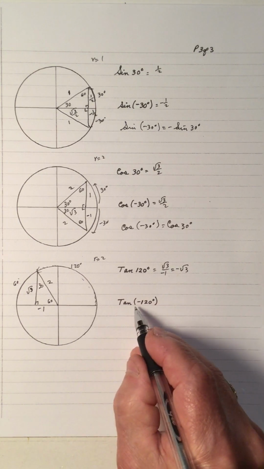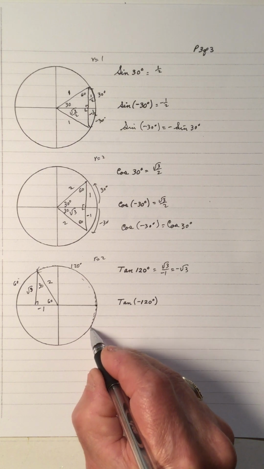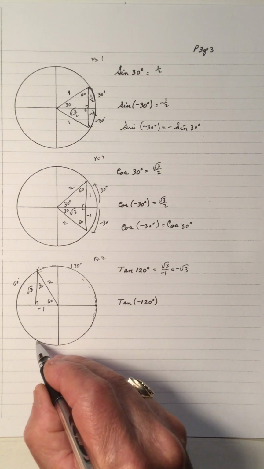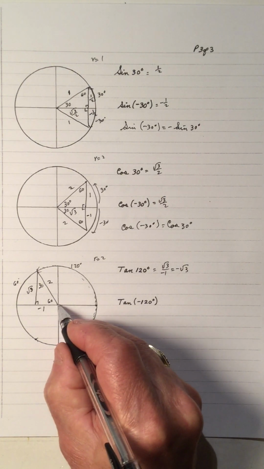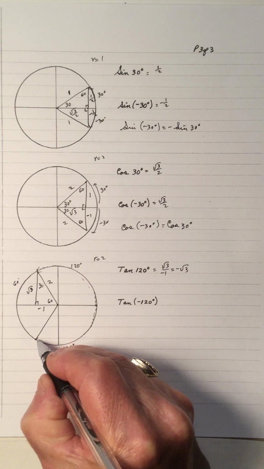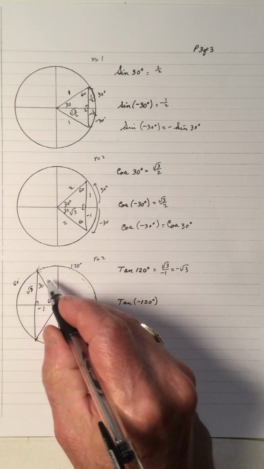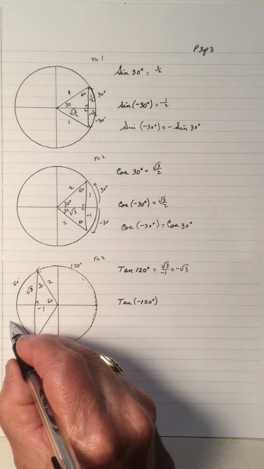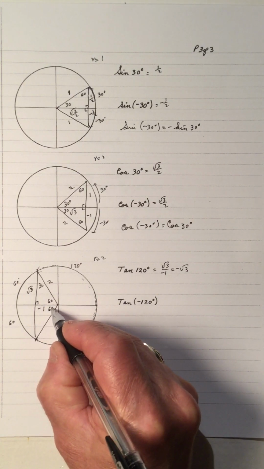So what about if we do the negative 120? Negative 120, starting from here, is negative 90, and let's say this is a negative 120. The terminal arm is drawn out, going through the end of this rotation, perpendicular to the x-axis. Since this is a negative 120, this is a 60-degree angle from here to here. That means the reference angle is 60.